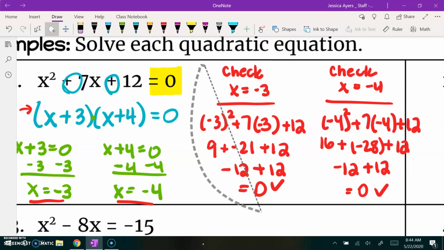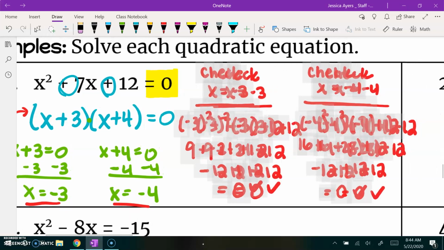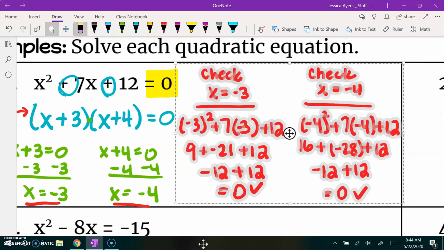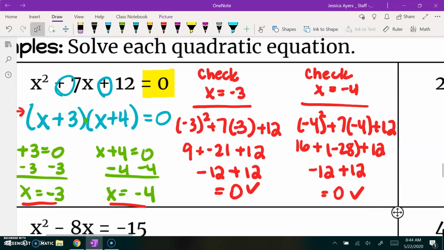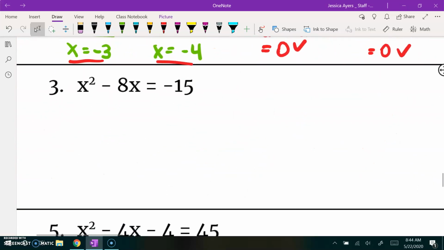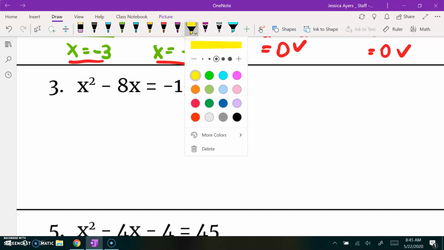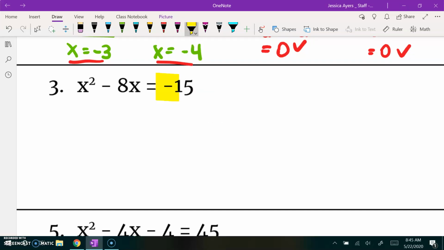All right, so I went into the other box a little bit, so let's move that over. And let's do another one. Let's actually do one that's not equal to 0. So let's do number 3. The first thing we notice is that we are indeed not equal to 0. We are equal to negative 15.